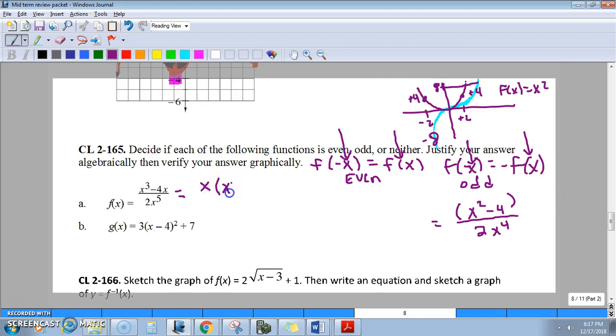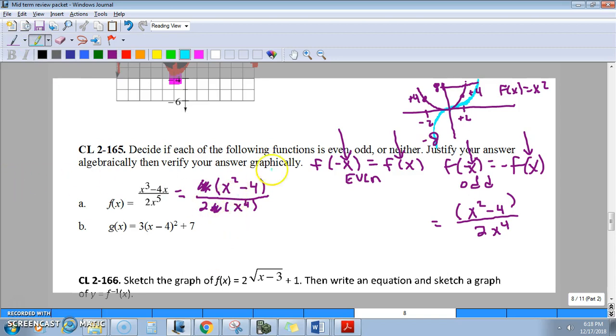Then I have x squared minus 4, okay, and in the denominator I can factor out 2x times x to the 4th. Here my x's cancel, and everything's positive, so I get the same exact thing. So if I enter in a negative number, I get the same thing as if I entered in that positive number, right?